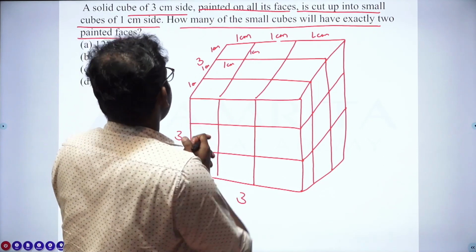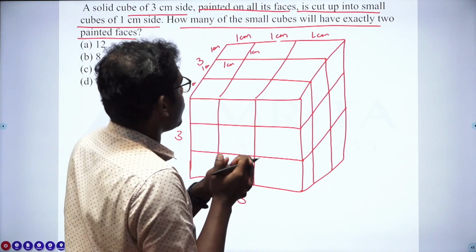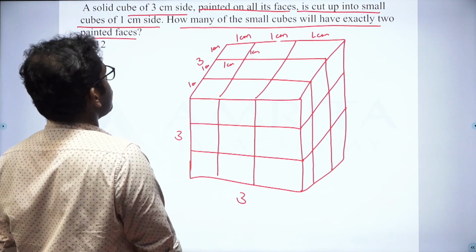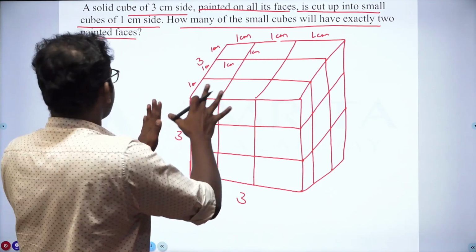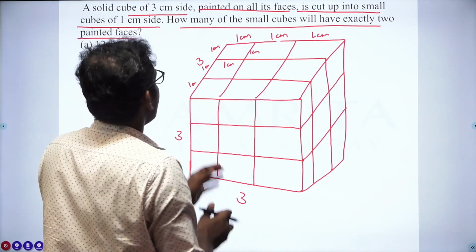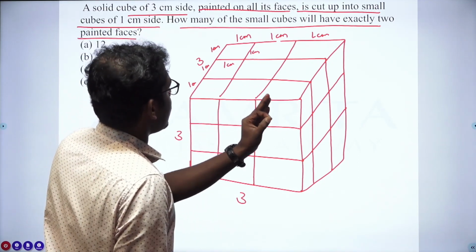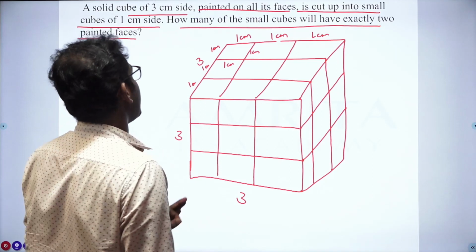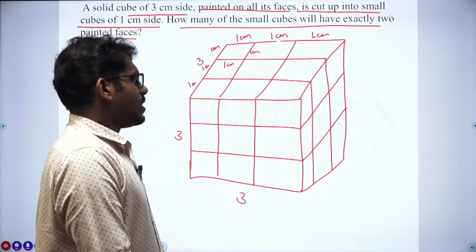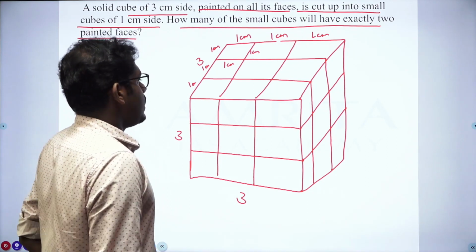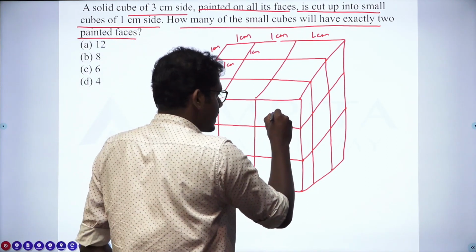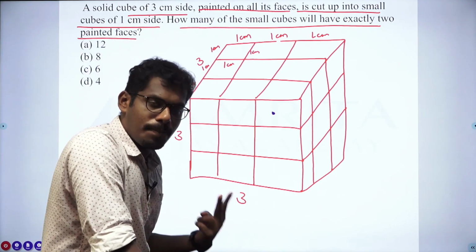Now read the question. This cube is painted on all sides, is cut into small cubes of 1 centimeter side. How many of these small cubes will have exactly 2 painted faces? Okay, exactly 2 painted faces. Does this face have exactly 2 painted faces?